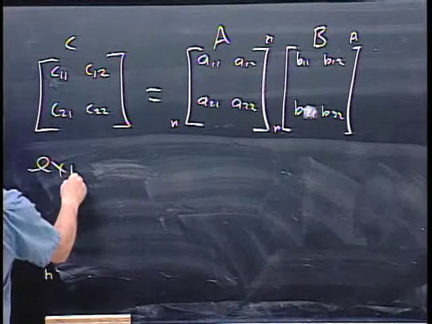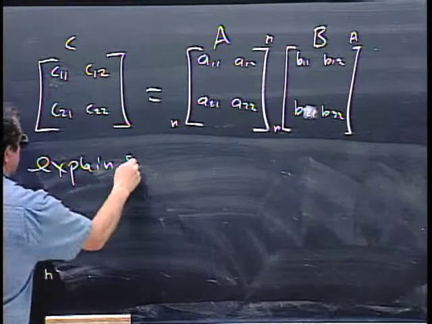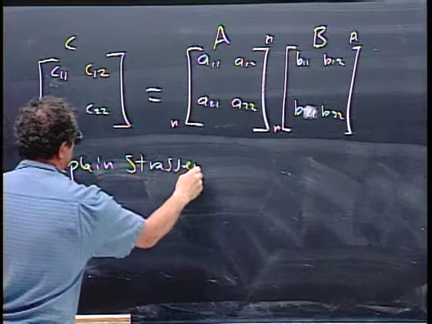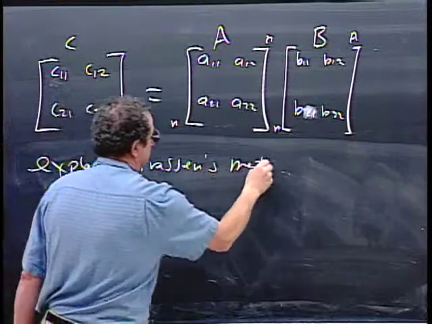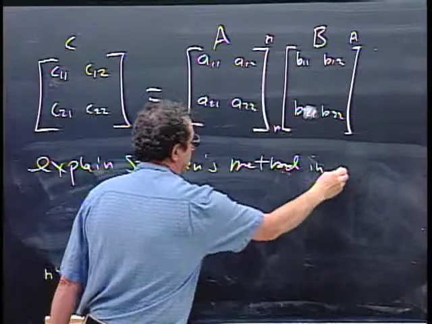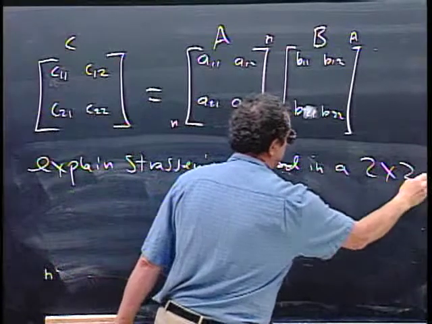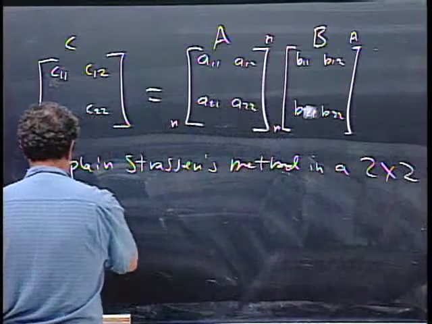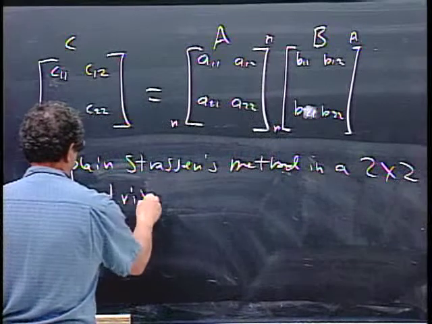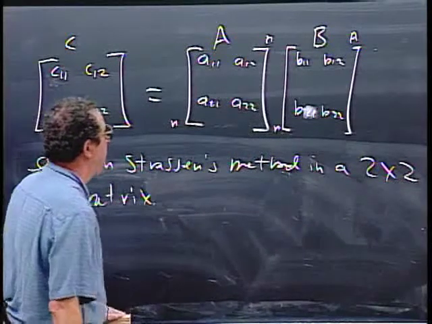So explain first Strassen's method in 2x2 matrices. Okay?